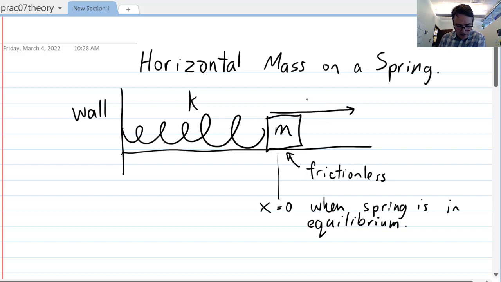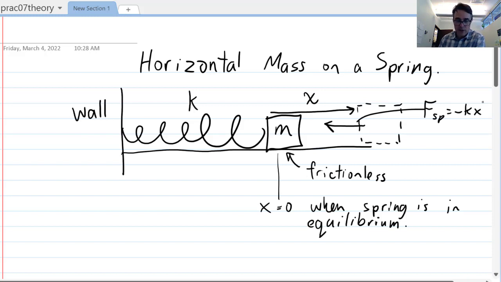And then, if you now move the mass to the right some distance x, there's going to be a force of the spring on the mass, which is negative. So we'll say towards the left, negative kx. And remember, F equals ma, Newton's law.